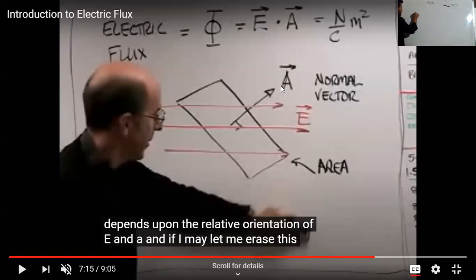Yes. Okay, till now we got to know that electric flux, which is represented by phi, is the dot product of the electric field and the area vector. Now, if this is the electric field and this is the area vector and the angle between them is theta, from here what can I write?